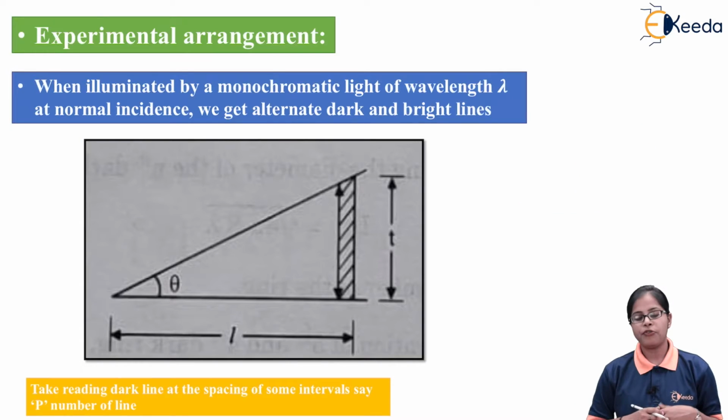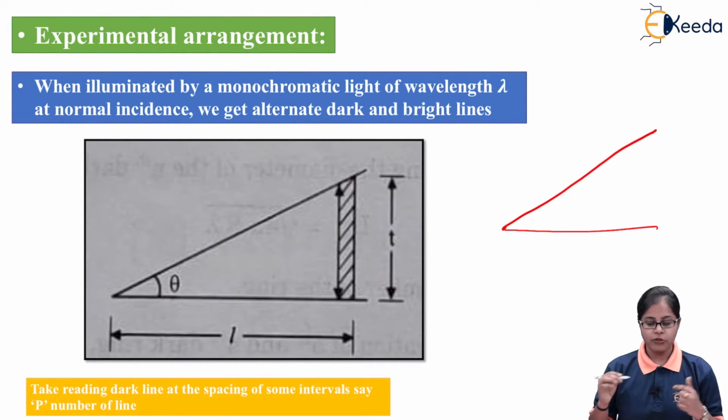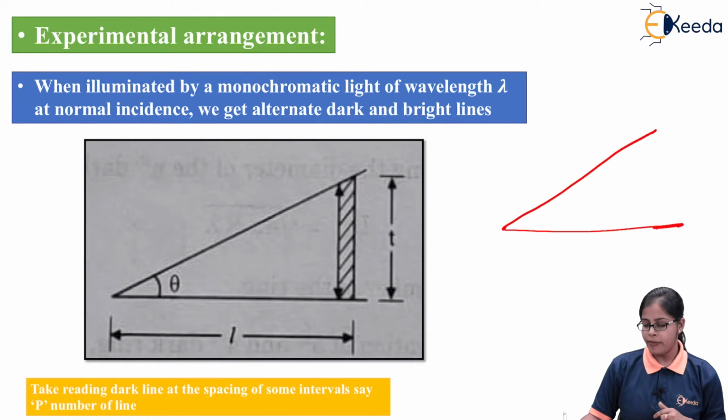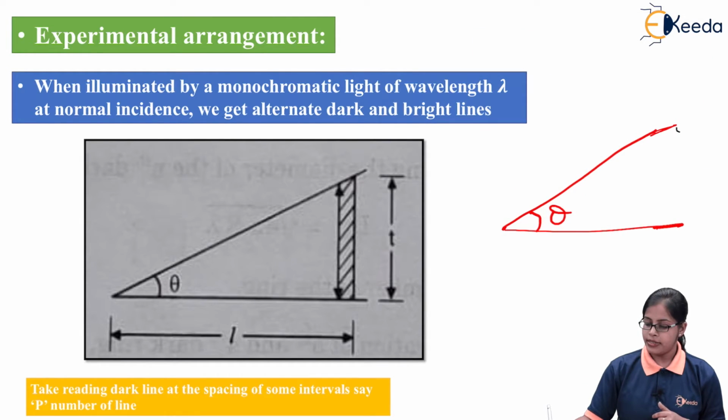Suppose I want to find the thickness of a thin wire. As shown in the arrangement, this is one glass plate and this is the second. They are allowed to meet at one end, and the angle between them is taken to be theta. There is a gap over here, so we insert the thin wire, whose thickness has to be determined, in the gap between the two glass plates.